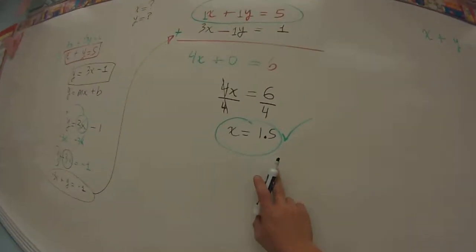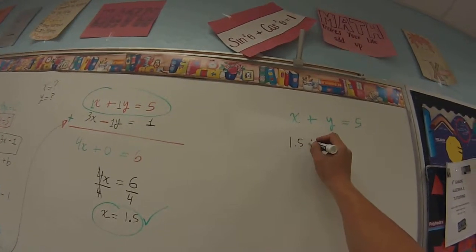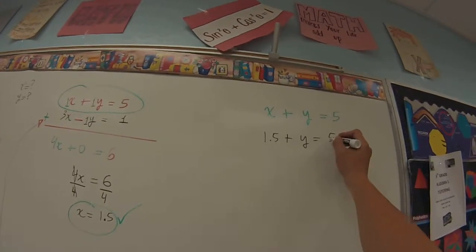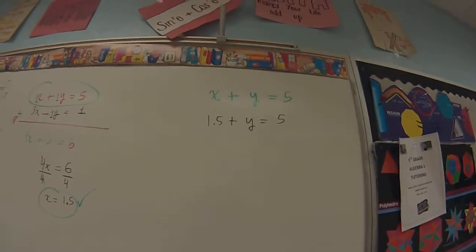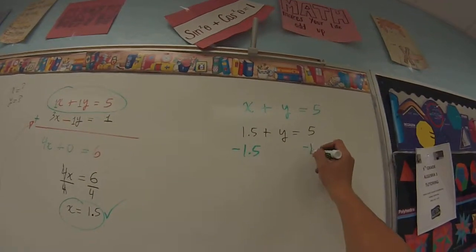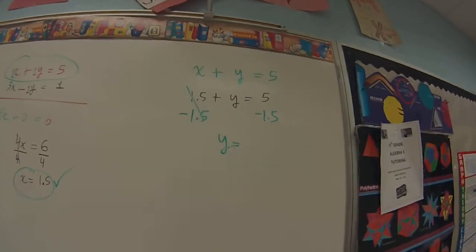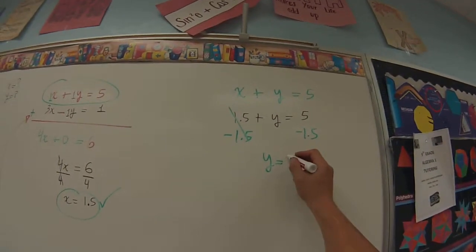The x is 1.5, so I'm going to put 1.5 in for x, substitute it in there, and now I'm going to go ahead and solve for y. So take away 1.5, this is middle school stuff, this crosses out, and 5 minus 1.5 makes 3.5.